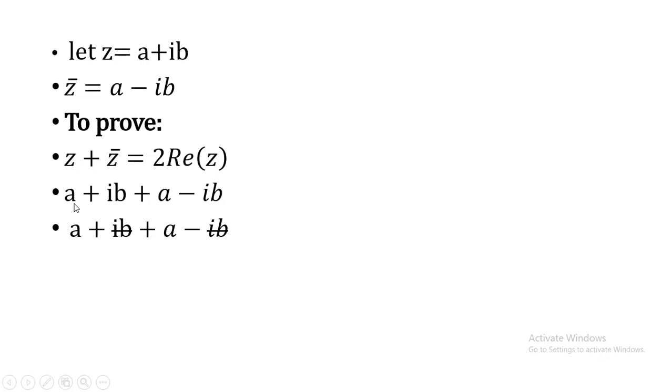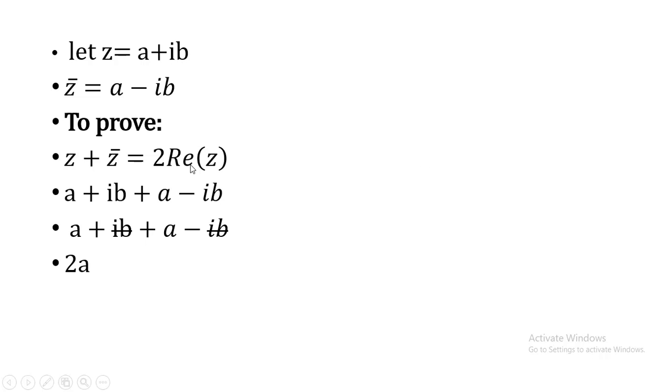Now as you can see, a plus a remains as it is. This is plus iota b and this is minus iota b, so these two cancel. What is the answer? A plus a gives you 2a. So that means twice the real part.